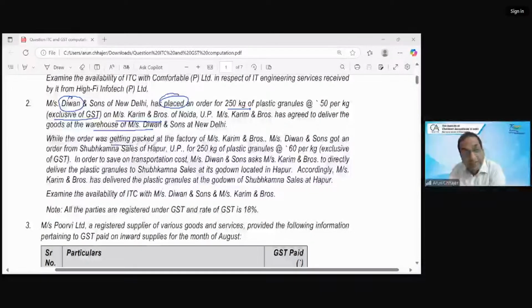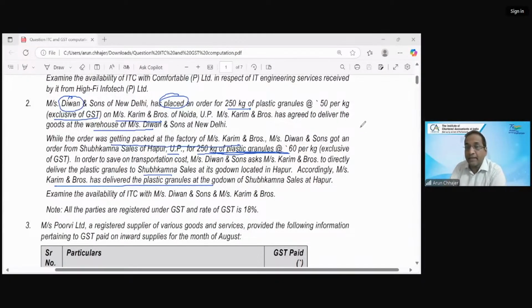While the order was getting packed at the factory of Karim, Diwan got an order from Subkamna of UP for the same quantity. In order to save the transportation cost, Diwan asked Karim to directly deliver the plastic granules to Subkamna. Accordingly, Karim has delivered the plastic granules at the godown of Subkamna at Hapur.